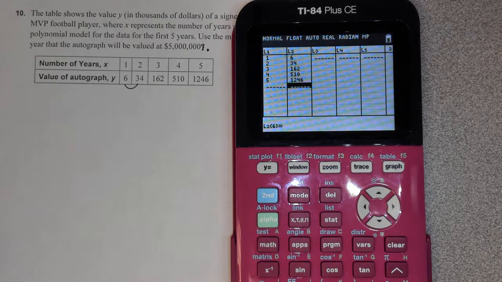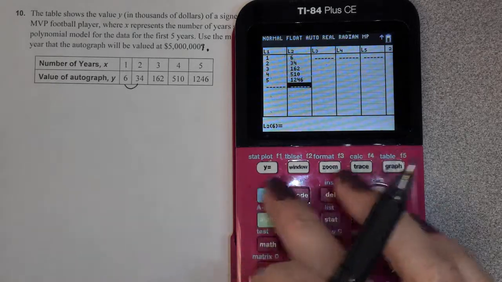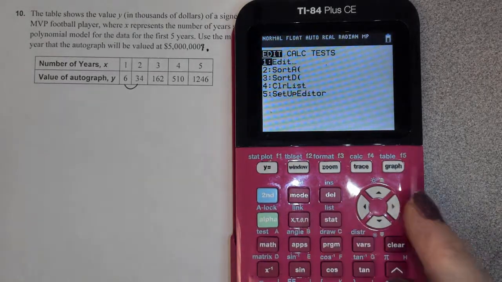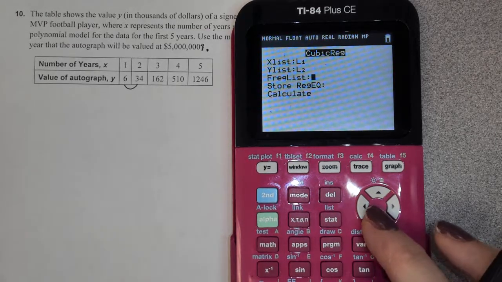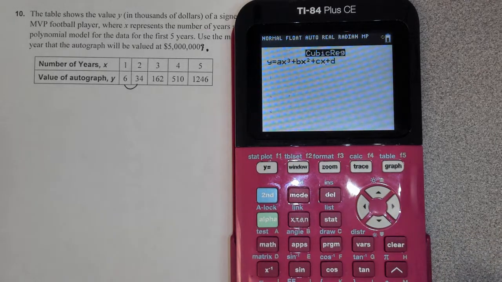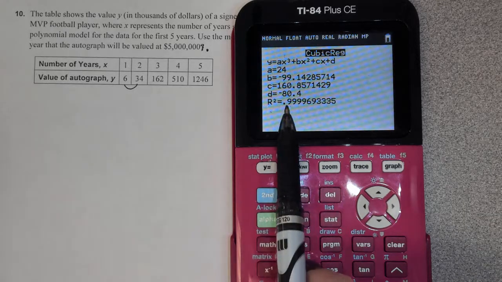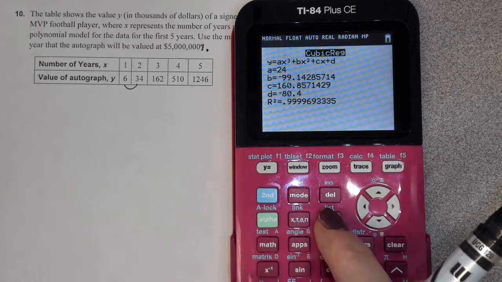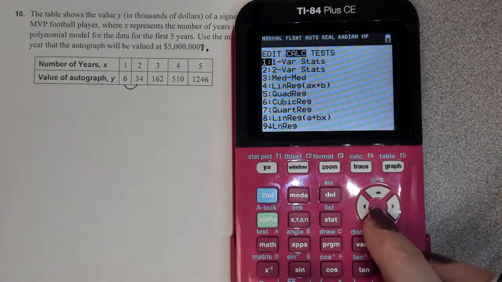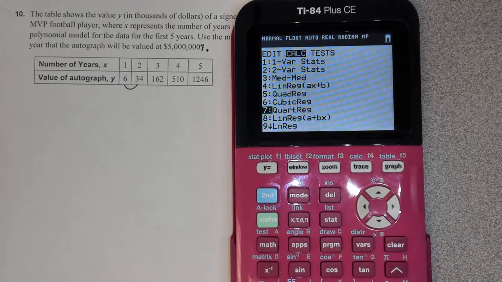Do you think it's cubic? Maybe. Let's see. So we're going to do a stat, calculate. We're going to see if it's cubic. Going to go down here, calculate. That r squared is pretty close to being cubic. It's not bad. But let's see if we can do better. Let's go to stat, calculate. What comes beyond cubic? Let's try quartic.